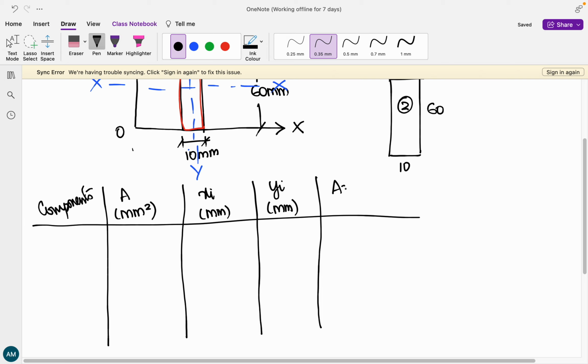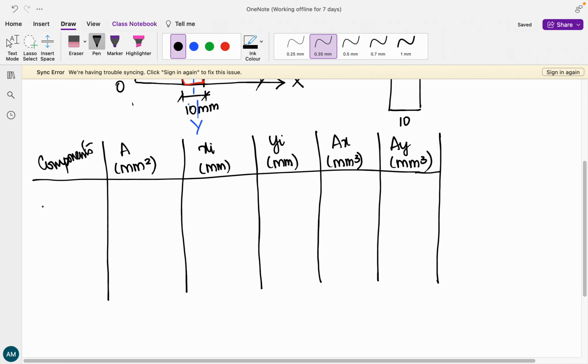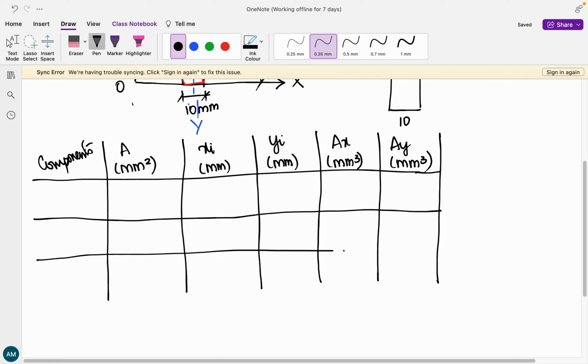Next, a into x in mm cube. The last one is going to be a into y in mm cube. We have two components, component 1 and component 2.